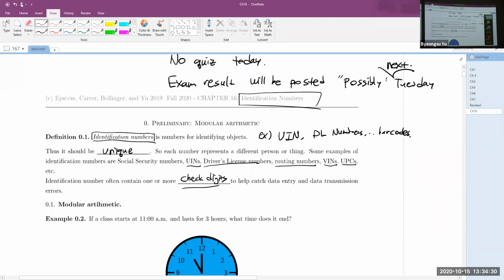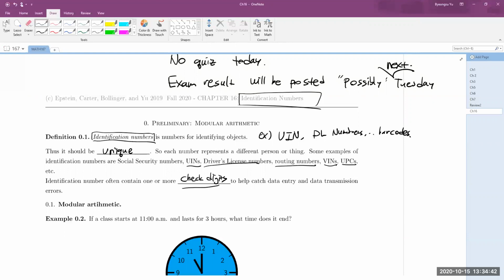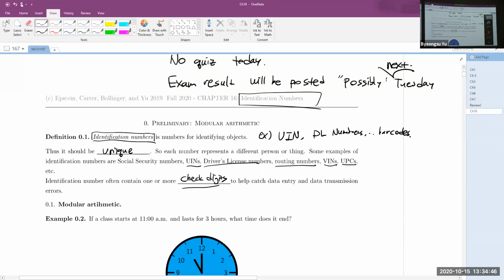So check digits not only prevent such cheating, but also prevent data transmission errors. When these numbers came up in the 1960s or 70s, computer telecommunication was not that precise.